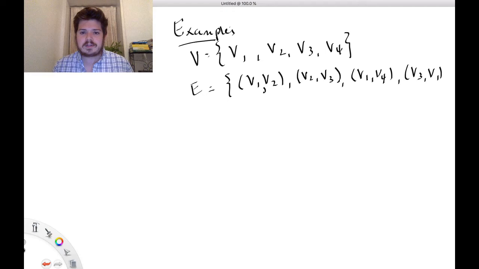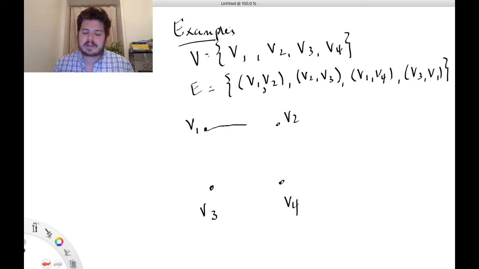So how could we draw this? Let's just draw the 4 points to begin with, the 4 vertices. This is v1, v2, v3, v4. Let's draw the edges. So v1, v2, there's an edge between v1 and v2. There's an edge between v2 and v3, between v1 and v4, and between v1 and v3.